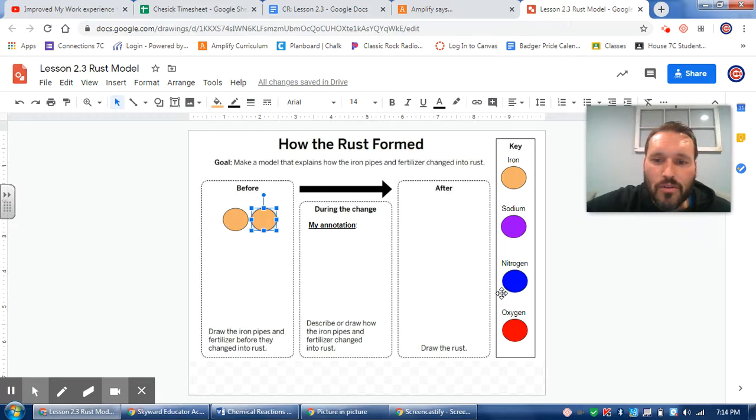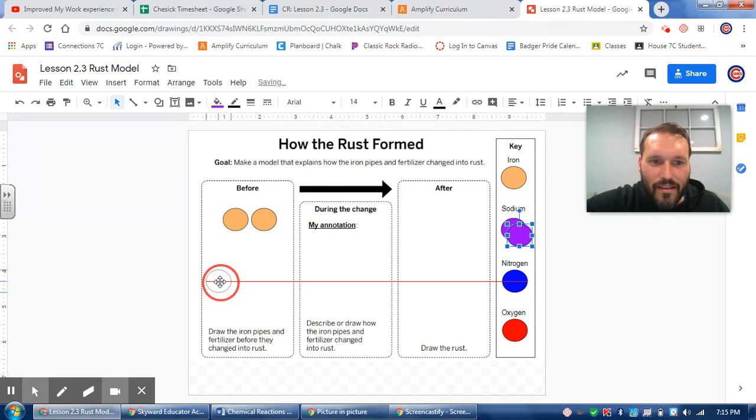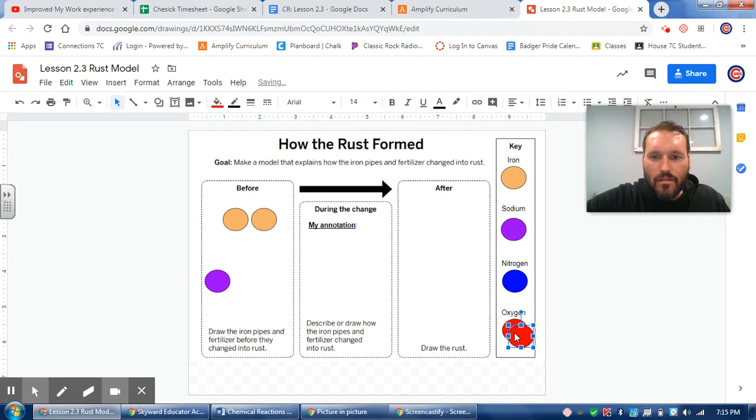Okay, then I'm going to put together a molecule of fertilizer. So we had sodium. Oops, did it again. Gotta make a copy and paste it in. Okay, so we had sodium, and we had 3 oxygens.